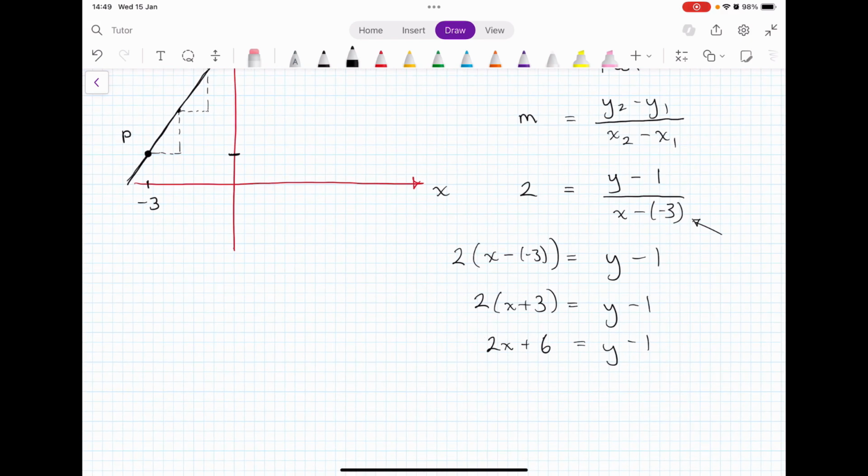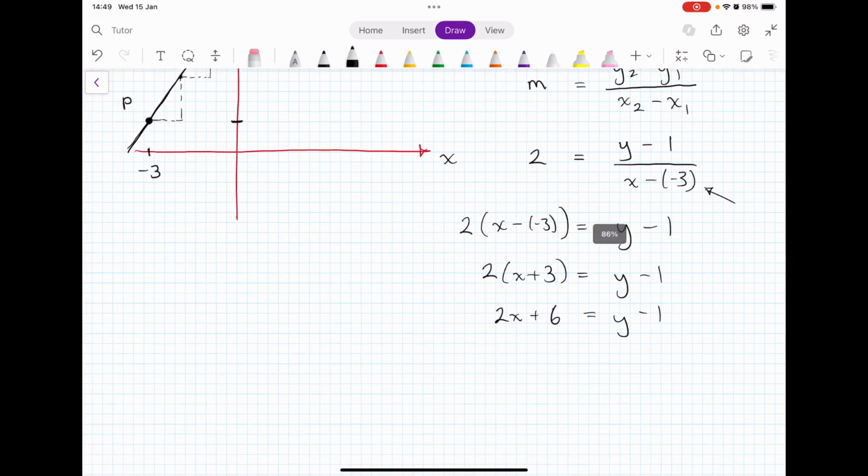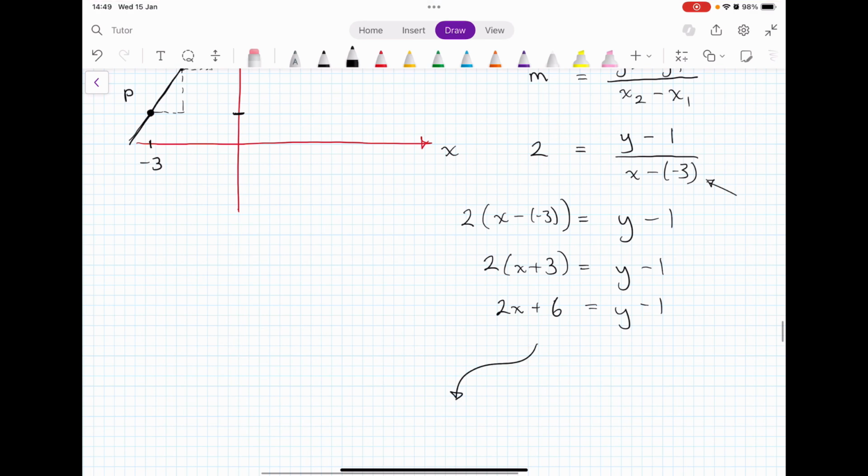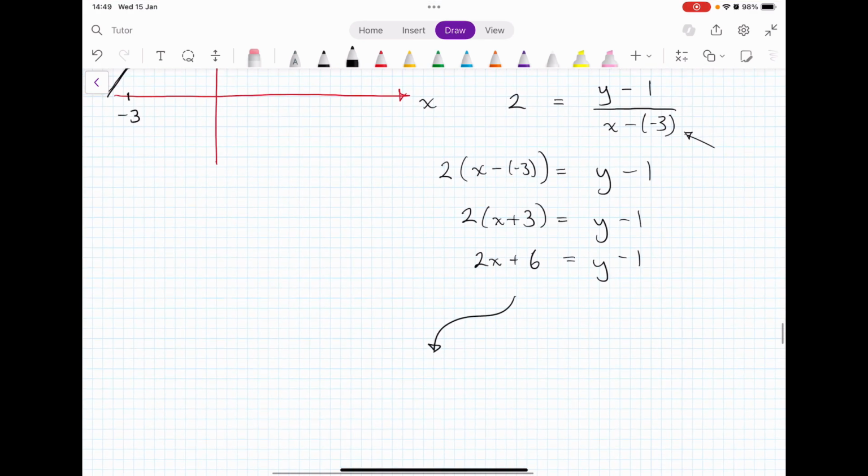Finally, there are two ways of writing this. You could write it in the general form, where you bring everything to the left-hand side: 2x minus y plus 7 is equal to 0. So I've brought y minus 1 to the left-hand side.